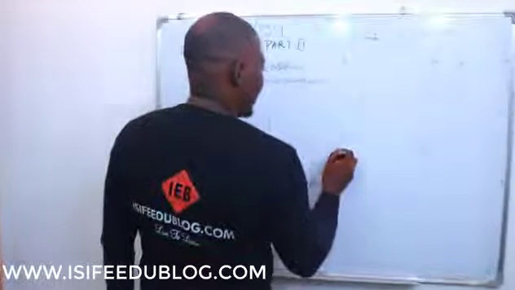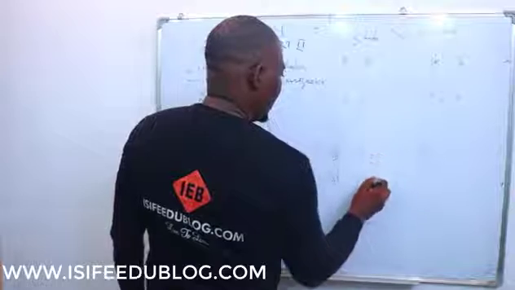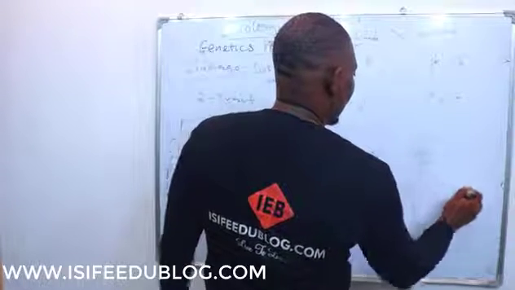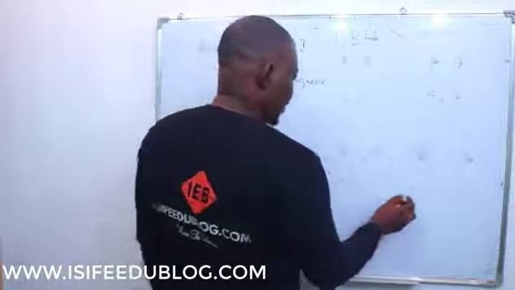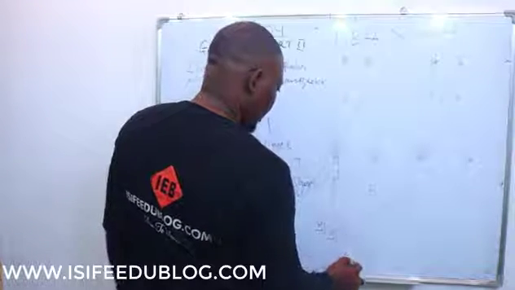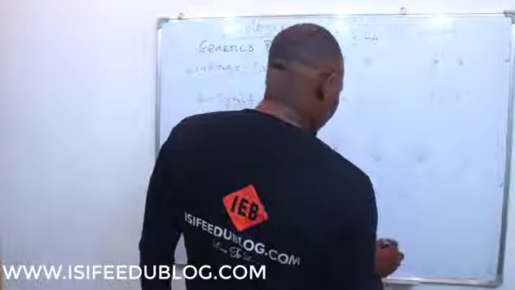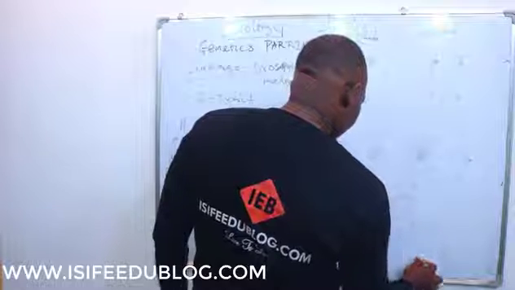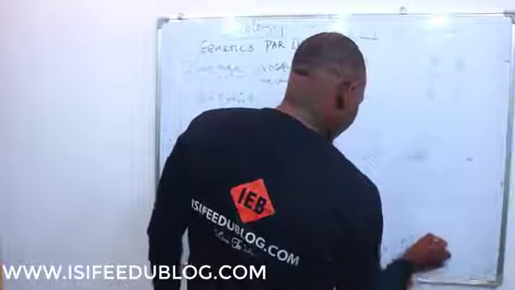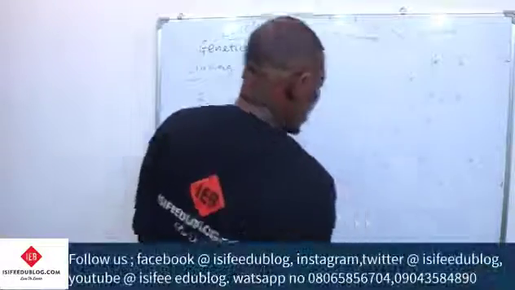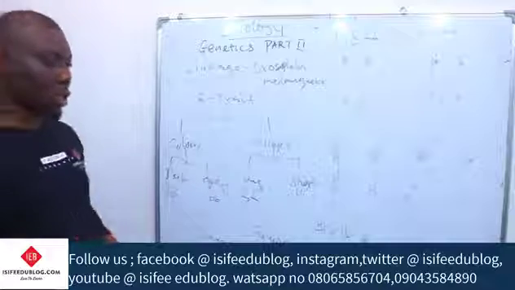So when the two pairs of characters are separated, we cross between these and get BL, and so all are black with long wings.